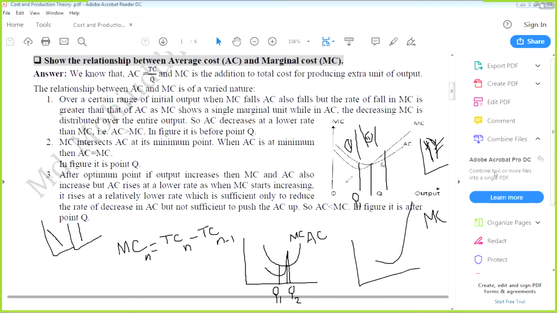For example, if I take this point, it is a little difficult to show which falling rate is higher. It looks like both falling rates are the same, isn't it? For that reason, I have taken another point. Look, the marginal cost is at its minimum here, but before that it is still falling.